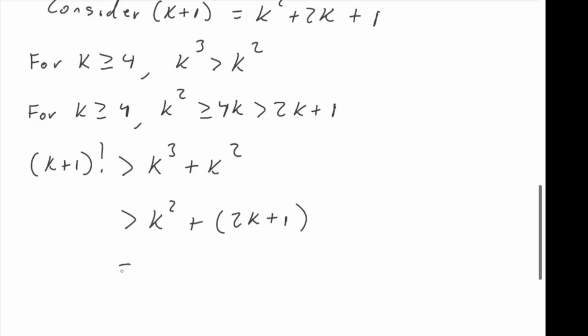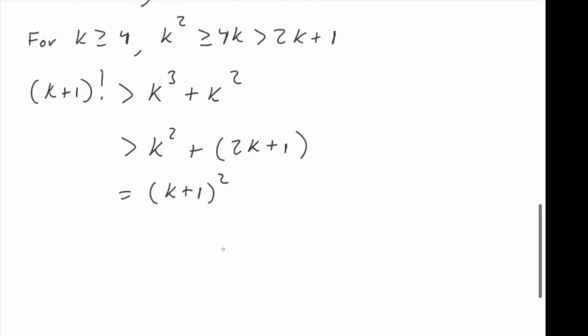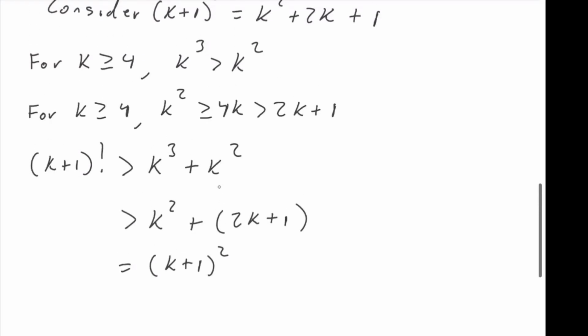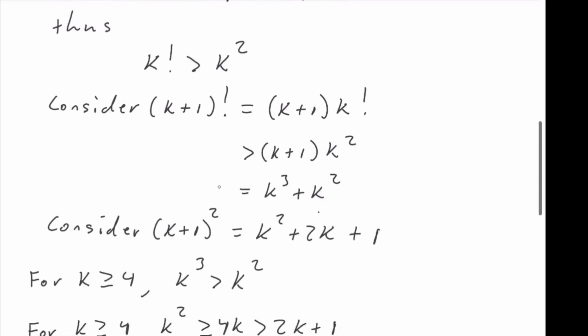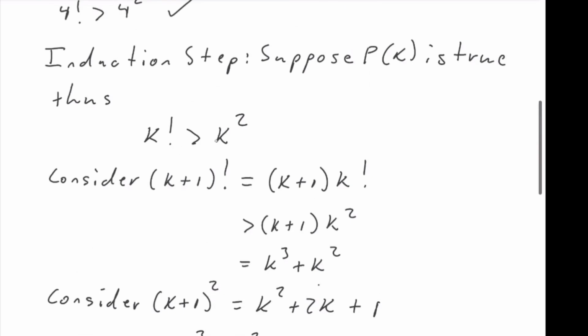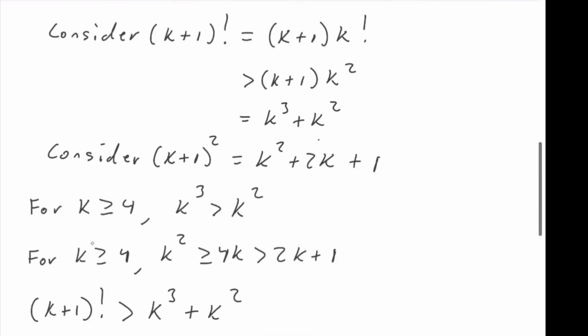And of course, k squared plus 2k plus 1 is k plus 1 squared. So we were able to show that k plus 1 factorial is bigger than k plus 1 squared given the fact that k factorial is bigger than k squared. And of course, we had to use the assumption that k was bigger than or equal to 4 to get these inequalities, right?